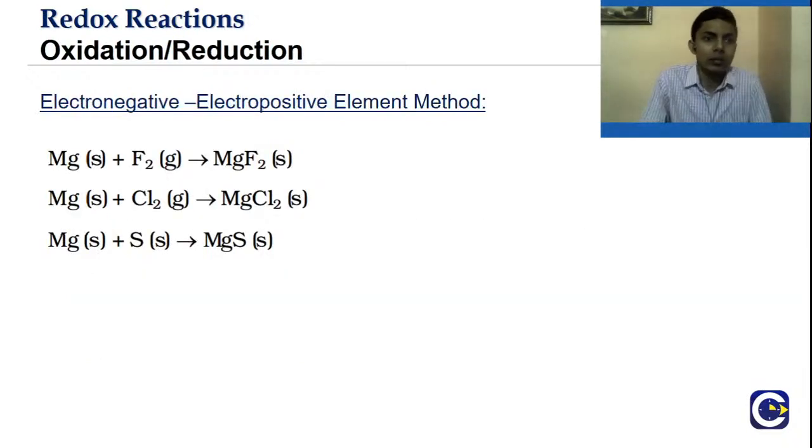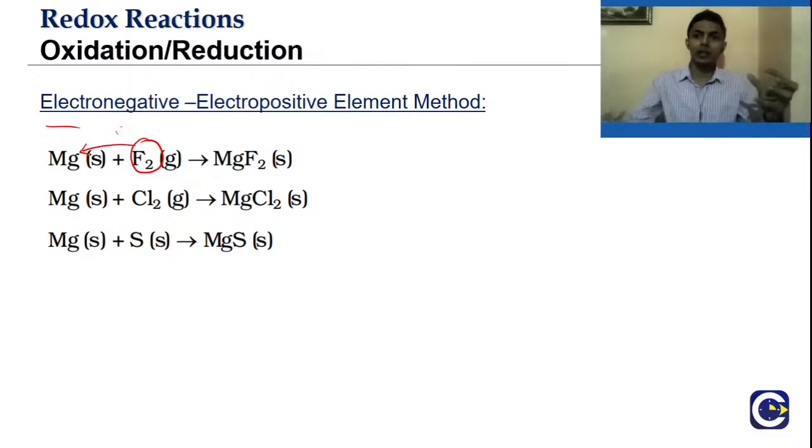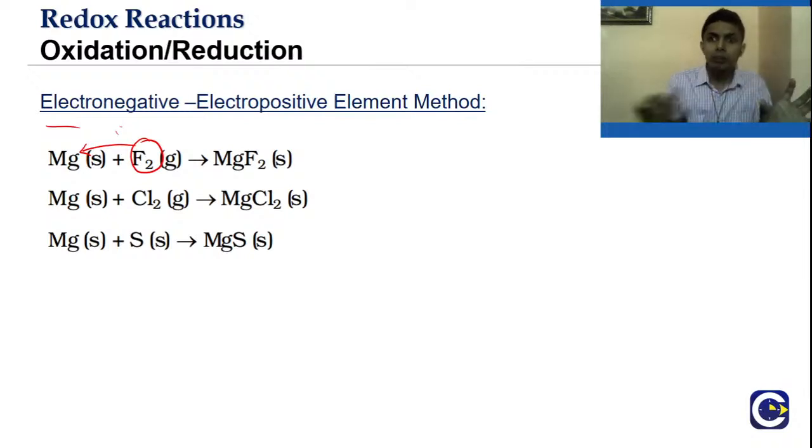There is another approach, which is the electronegative, electropositive element method. Fluorine is more electronegative, correct? It is an electronegative element. So if an electronegative element gets attached to some element, then we call it oxidation.